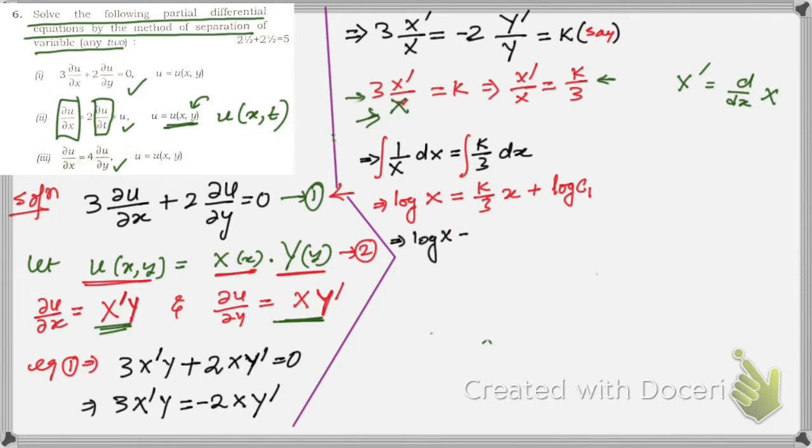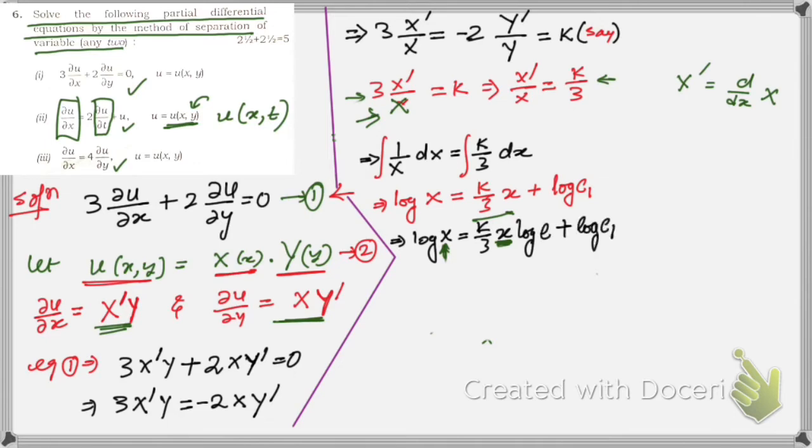Now you see this can be written in this way, k by 3 times small x. So this one is small x and this one is capital X, right? So this is log of capital X, and this is small x. Remember that. Now you can write k by 3 x as log e to the power k by 3 x, because log e will be 1, right?